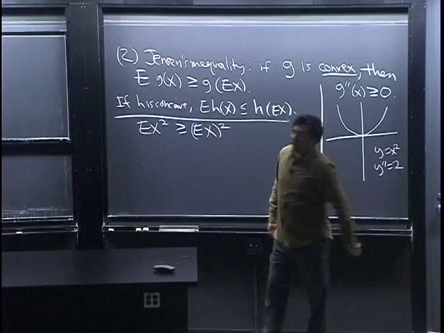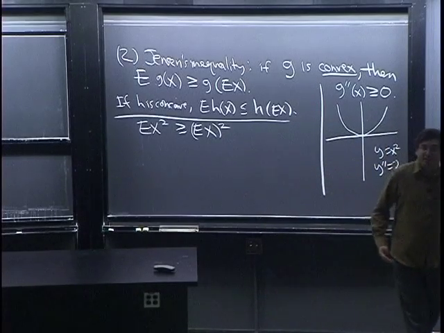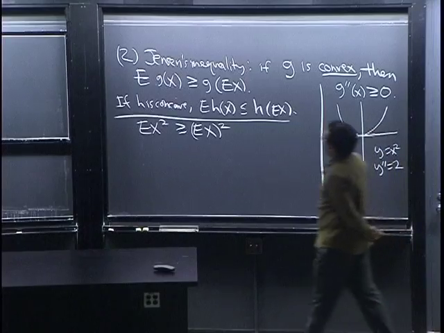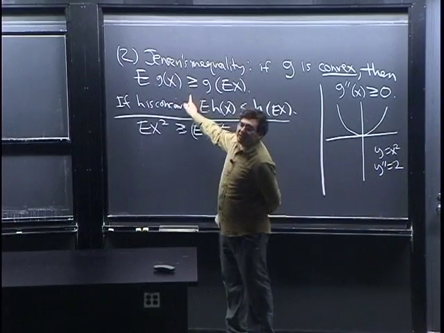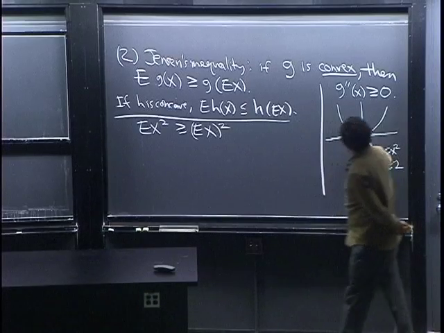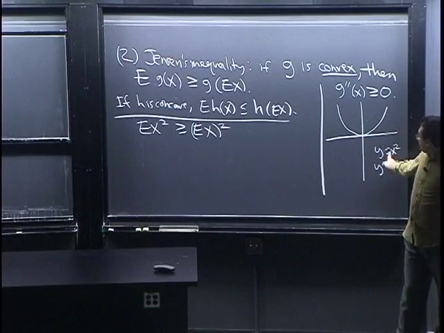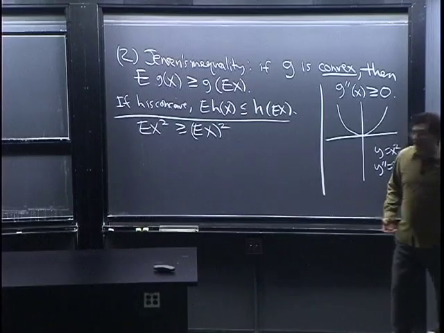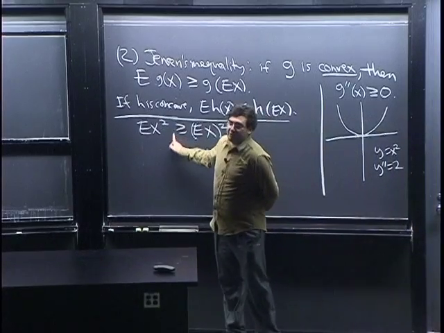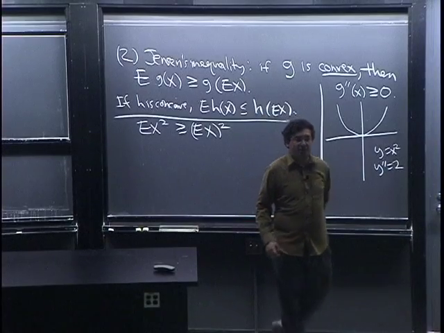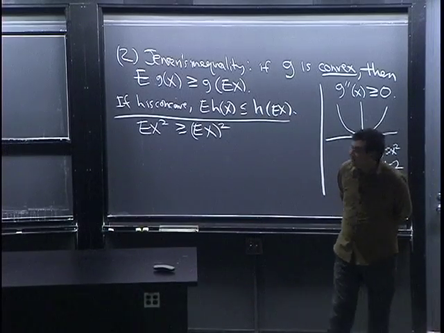We already knew that fact, because variance is non-negative. So if you ever forget which direction this inequality goes, just think back to your friendly old parabola. X squared is convex. The inequality goes this way. We already knew that, so you shouldn't get confused about which way the inequality goes.